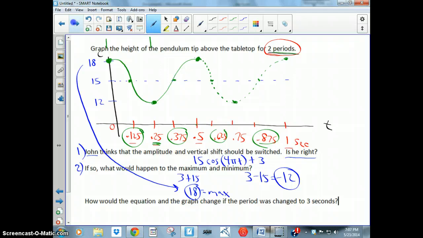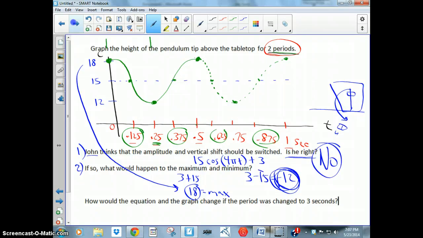People, how in the world can you have a height of negative 12? That would mean your metronome little dealy thing would be all the way down here. It would be flipped and rotated upside down. That's not possible. It can't go below the tabletop. Is he right? No. There's no way he can be right because that makes no sense.